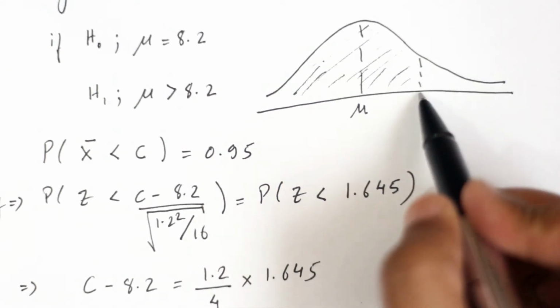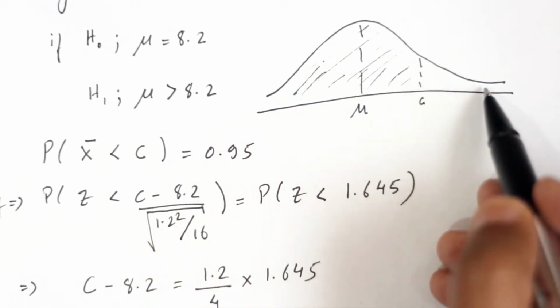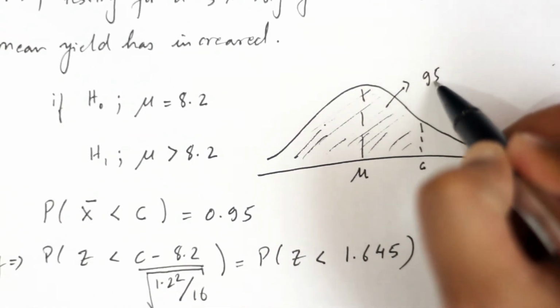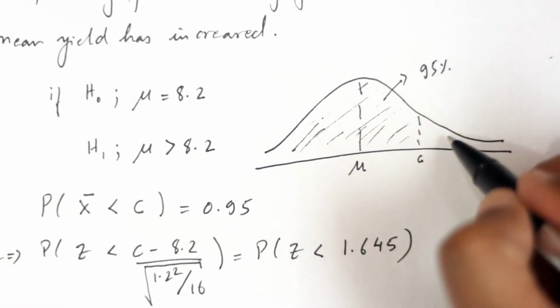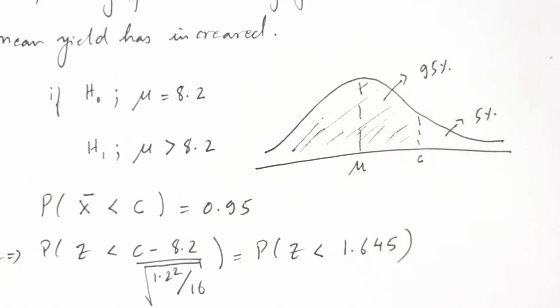Okay, so this is the acceptance region and this is the rejection region here. So the acceptance region has to be 95%, right? And this is the 5% significance level test that we're doing here.